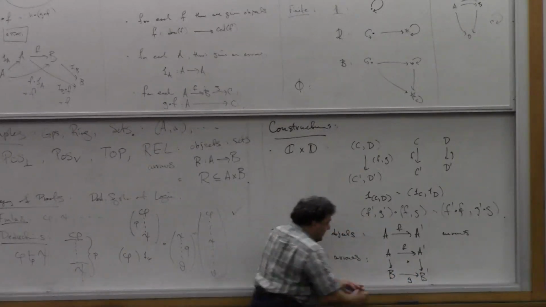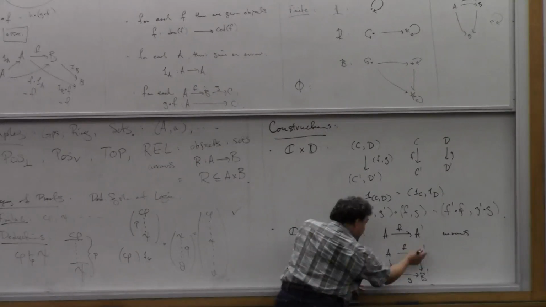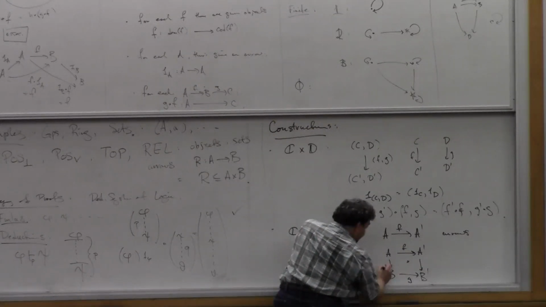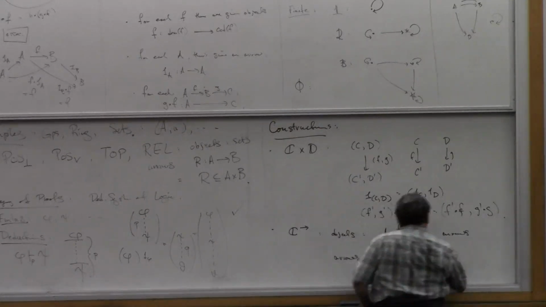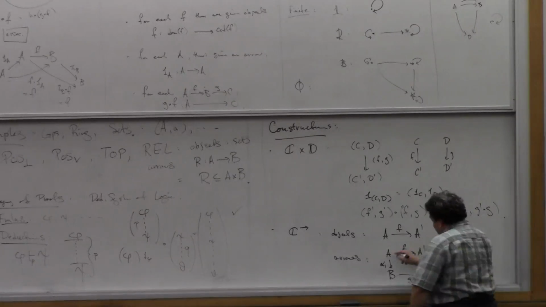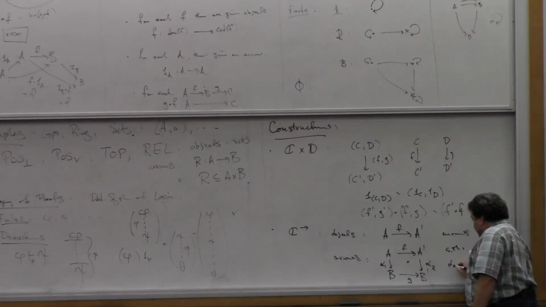That is, a pair of, let me say this arrow, I'll call it alpha. It has a first component and a second component, alpha 1 and alpha 2, such that by commutative square, I just mean going around both ways gives the same thing, right?